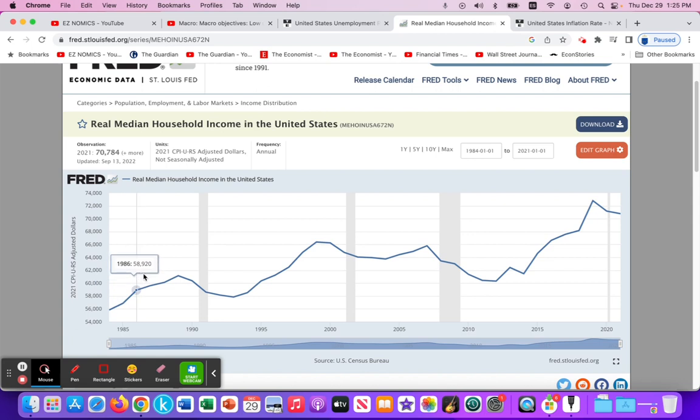We can see that it's trending upward, then there might be a recession, then it trends upward again, then another recession, trends up. Here's the 2008 crisis, it trends down, then since then it's been trending up. And with COVID, we see it trends down. So we're going to use this real income value, $70,784 per person per year. That'll be our real median income that we'll use for our calculations.